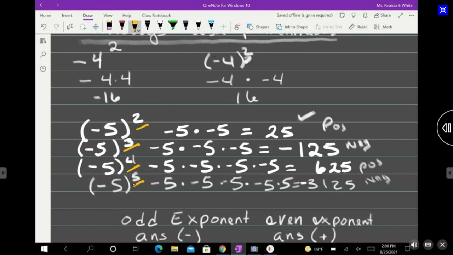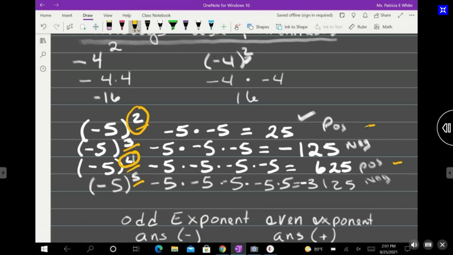What do you think we could write for a rule? What kind of exponents gave me positive solutions? 2 and 4, the even numbers.